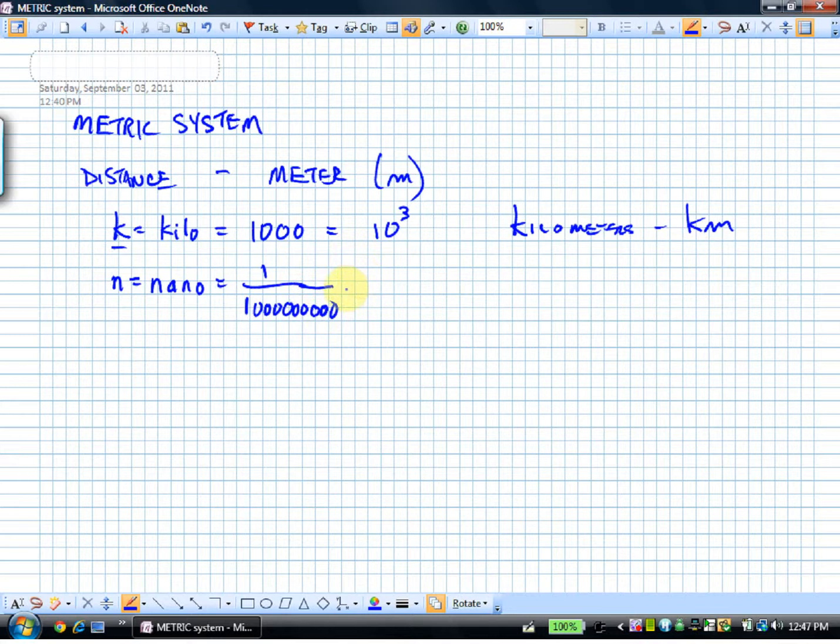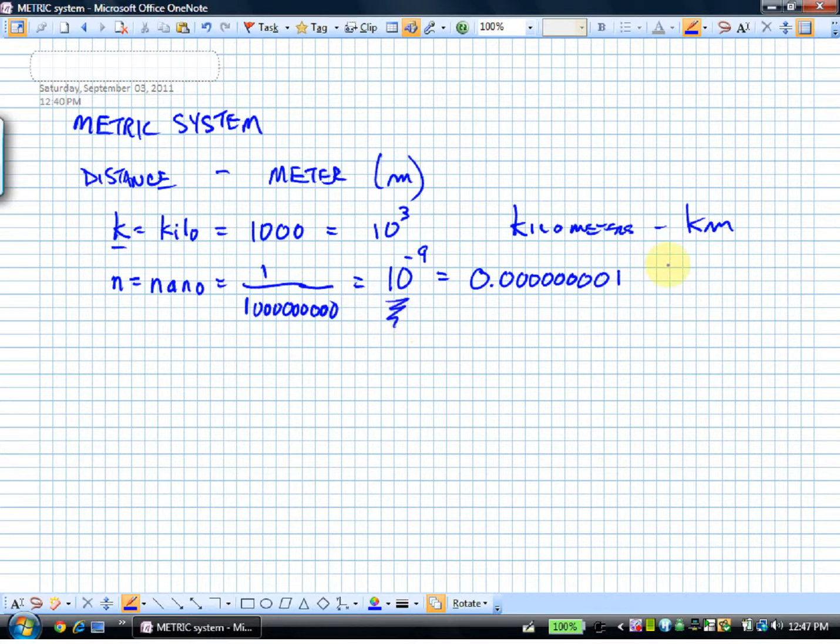And again, this really illustrates how nice the power of 10 thing is, because a billionth is 10 to the minus ninth power. Or again, if we wrote that in non-scientific notation, we would write that as 0.000000001. So that's nano. Again, emphasizing the fact that the powers of 10 are really important to us.